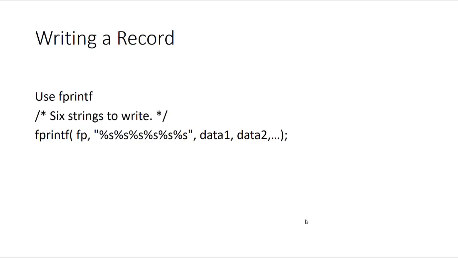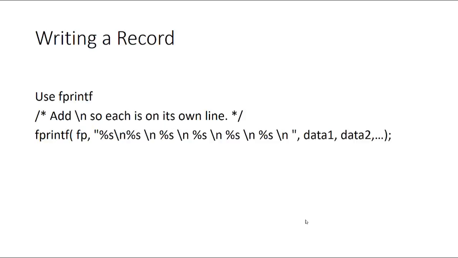So now we're going to write 6 strings, because that's how many fields we have in the data structure. So %s, 6 times, 1 for each of the data fields. And then I have data 1, data 2, just to show you that somewhere along the way we've got to resolve that. But now I'm going to put a \n in each one of them so that each one will have its own line.